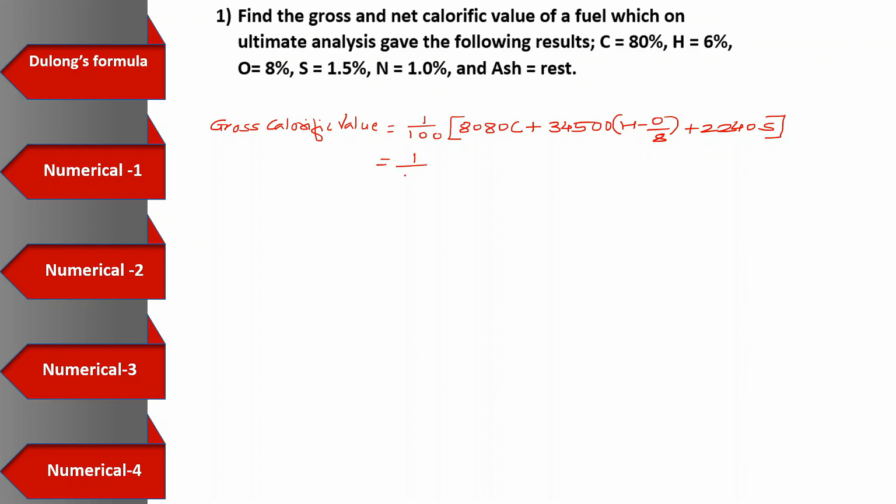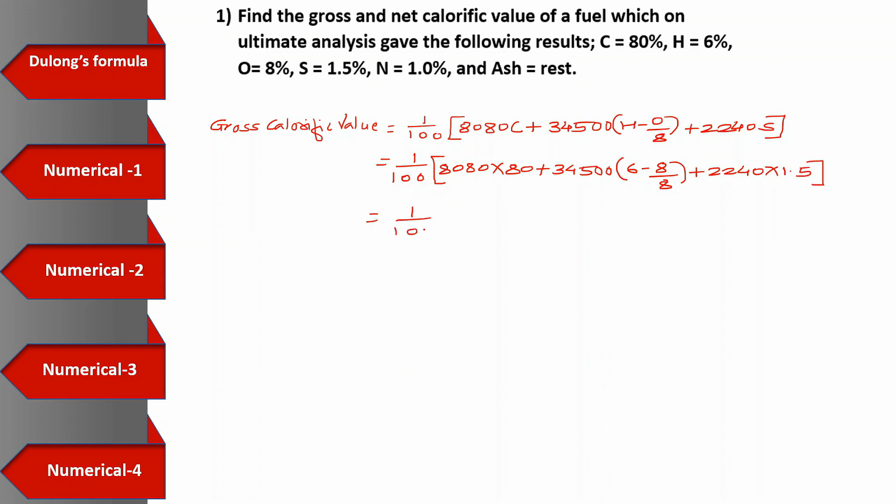So put these values in the formula: 8080 into 80, plus 34500 into (percentage of hydrogen is 6 minus percentage of oxygen is 8 upon 8), plus 2240 into percentage of sulfur, which is 1.5.